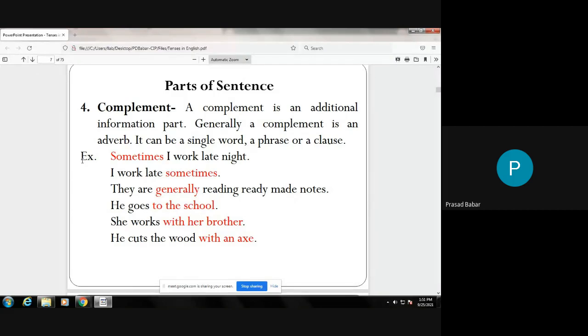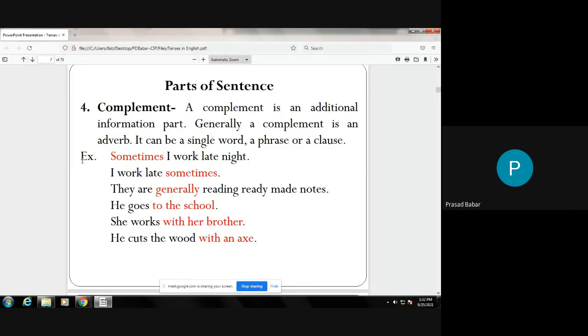Generally in a sentence, an adverb works as a complement. It can be a single word, a phrase, or a clause.